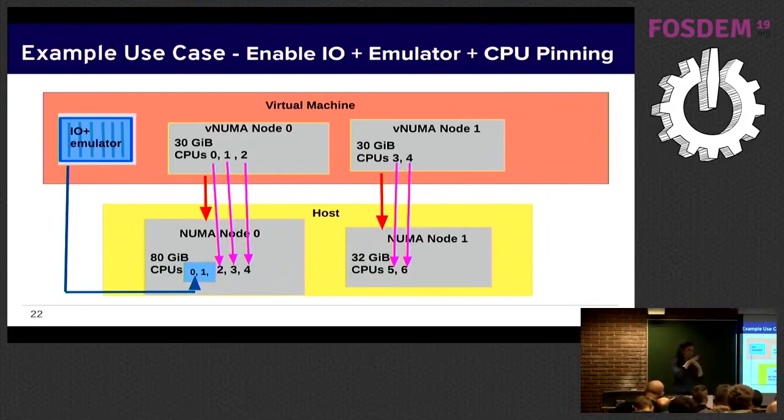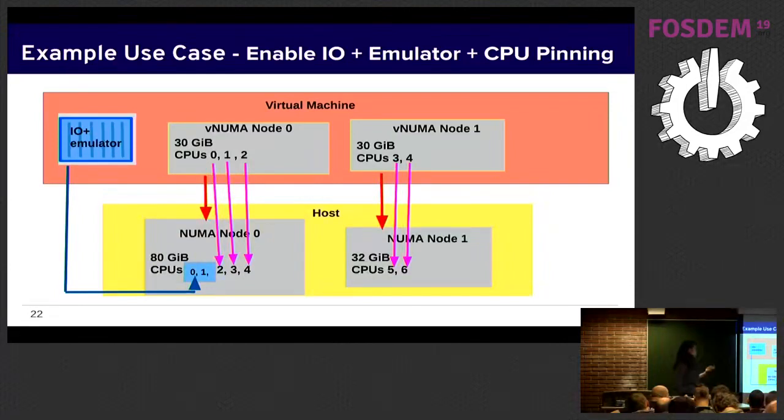So there will be cross NUMA nodes, and the whole idea of performance will be lost here. So every virtual CPU should be pinned inside the virtual NUMA node that I'm pinning the NUMA node to. Another thing to mention here is that physical CPUs 0 and 1 are left for the IO+Emulator pinning.